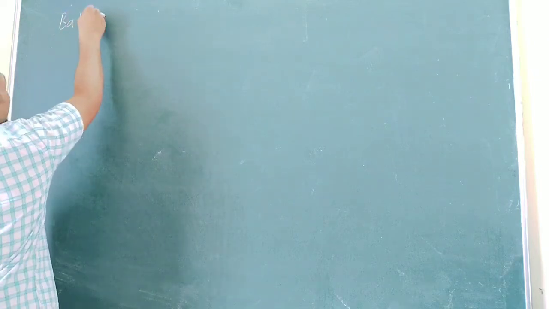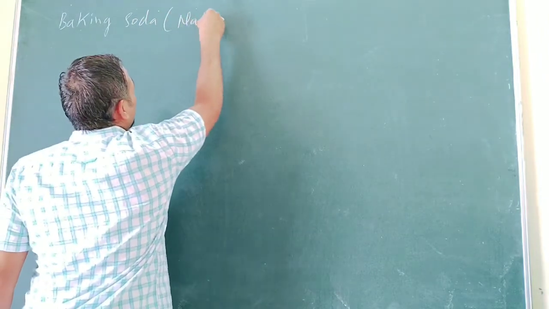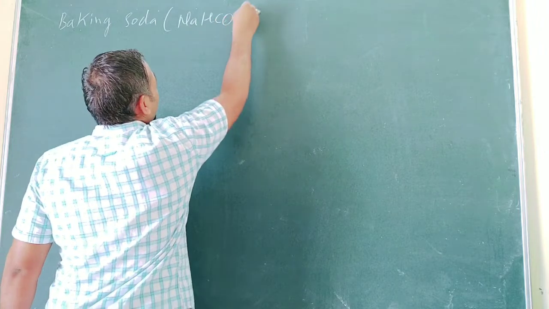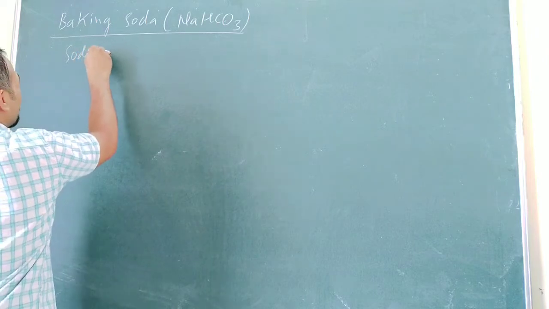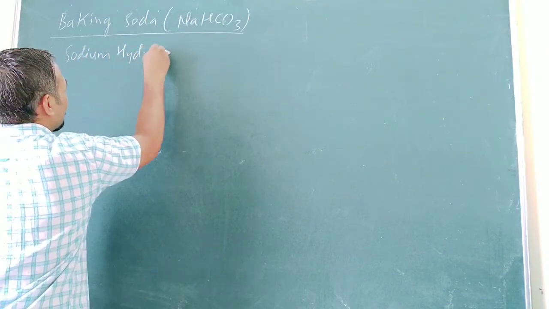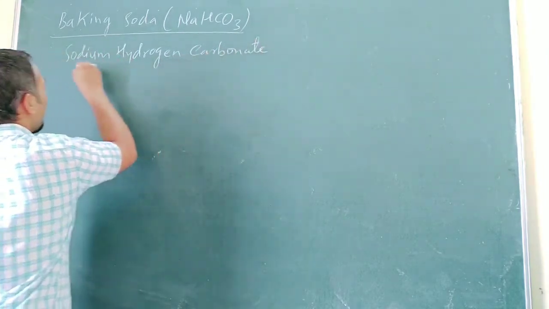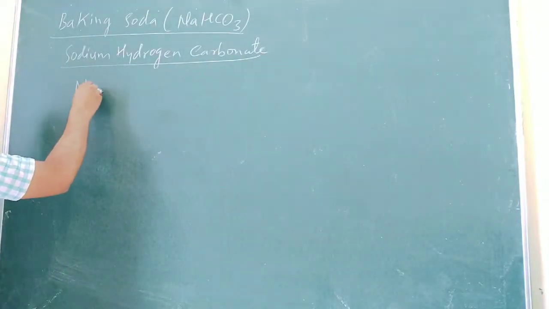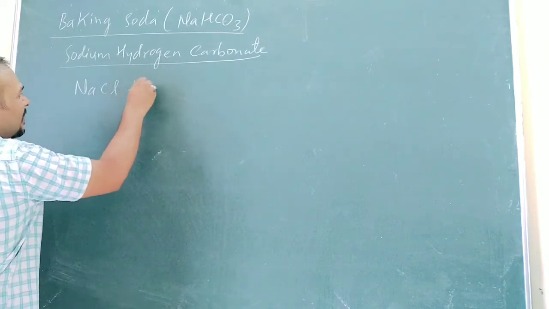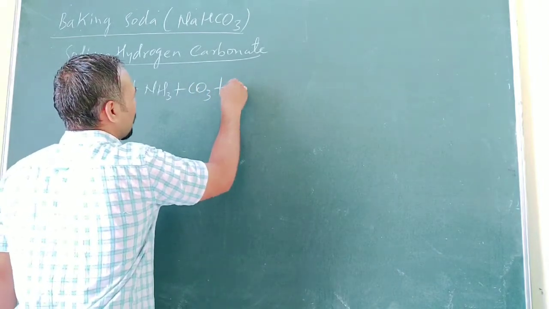Now the next product we get is baking soda. The chemical name of baking soda is sodium hydrogen carbonate. How are we going to produce this? This is produced by the reaction of sodium chloride, ammonia, carbon dioxide and water.